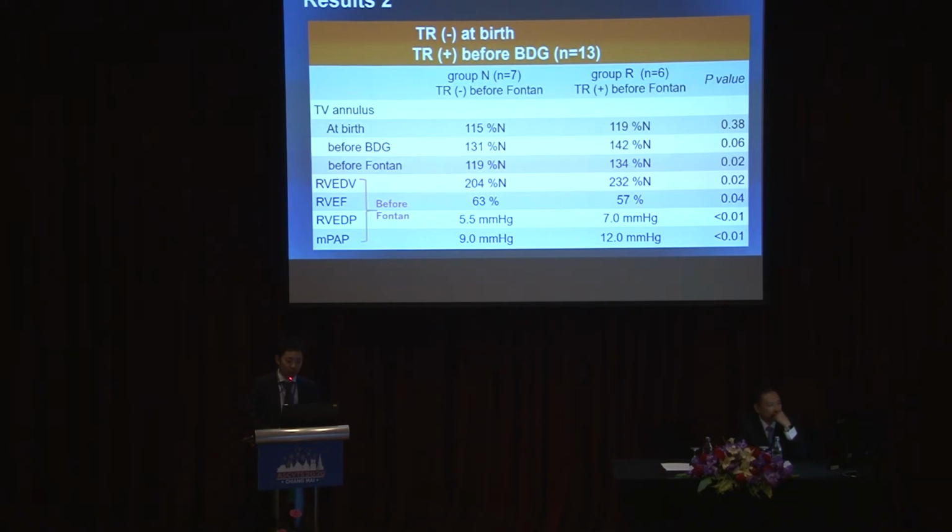However, group R is still higher, 119 and 134. The RV end-diastolic volume measured before Fontan is still larger in group R. Therefore, ejection fraction was more decreased, and end-diastolic pressure and pulmonary artery pressure were higher.